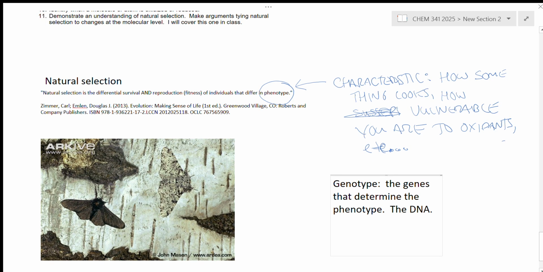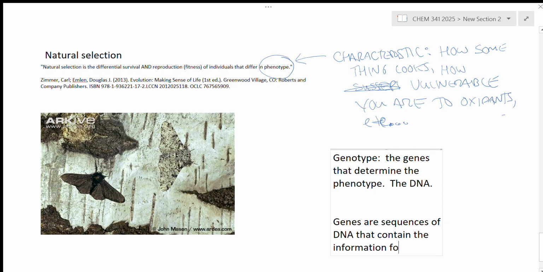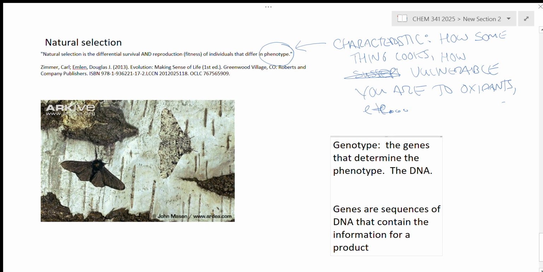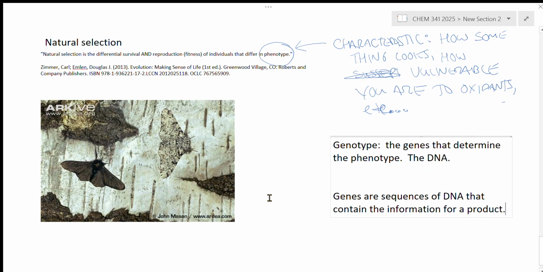In terms of genes, they are sequences of DNA that contain the information for a product. I'm not even going to make it functional, because it doesn't need to be. We could argue whether a cancer gene is functional or not, right? We could argue all sorts of things.